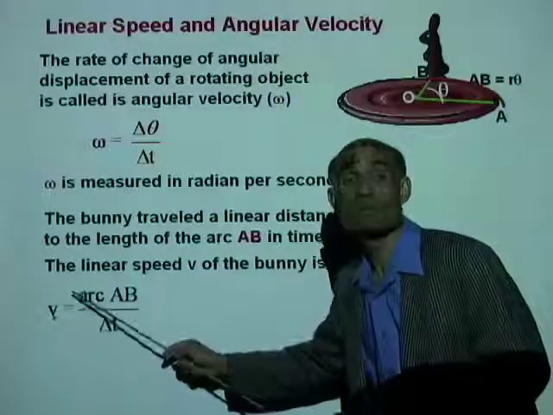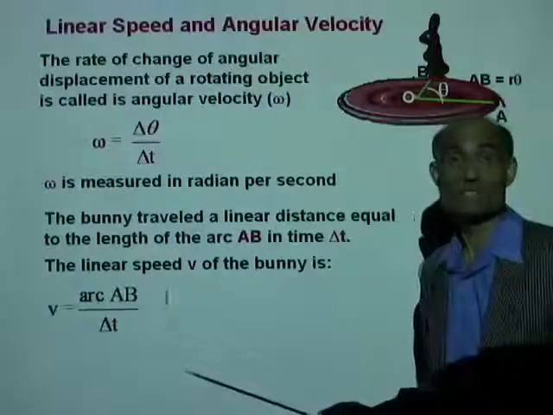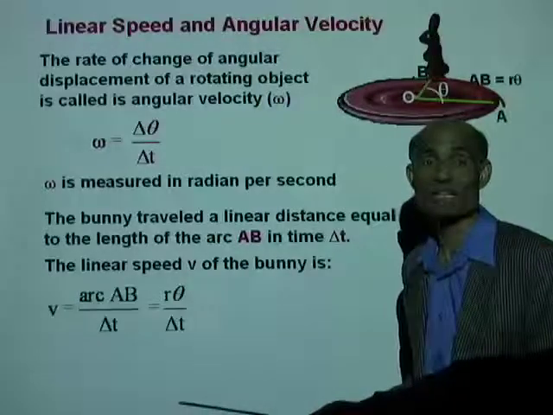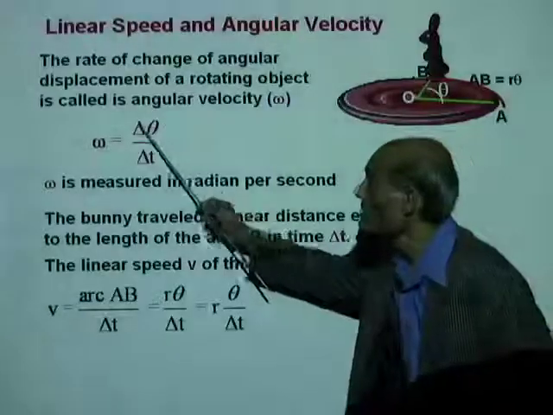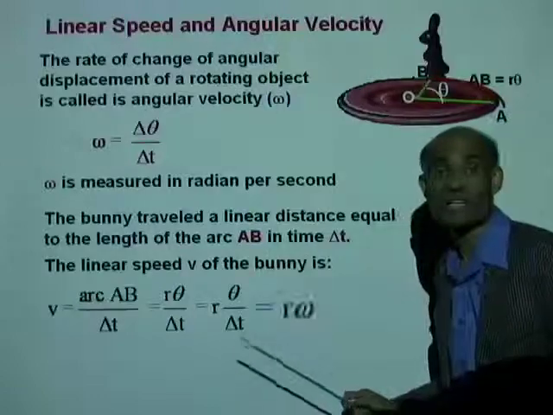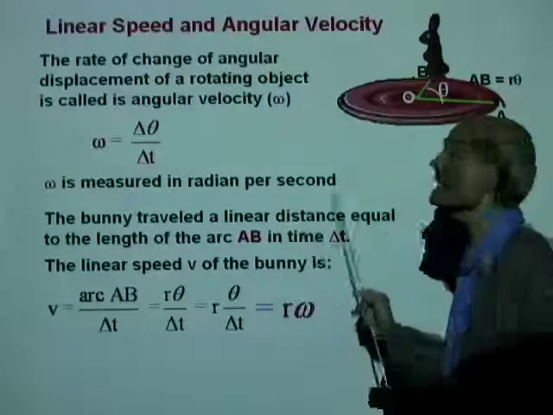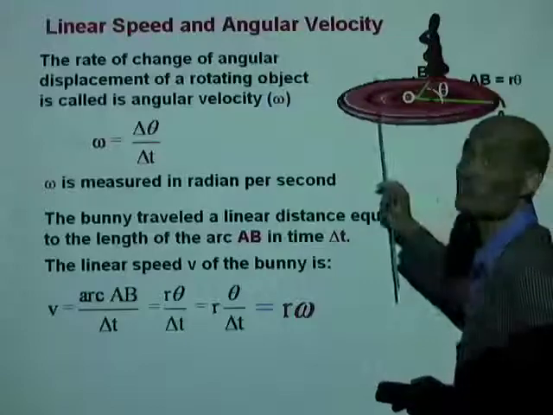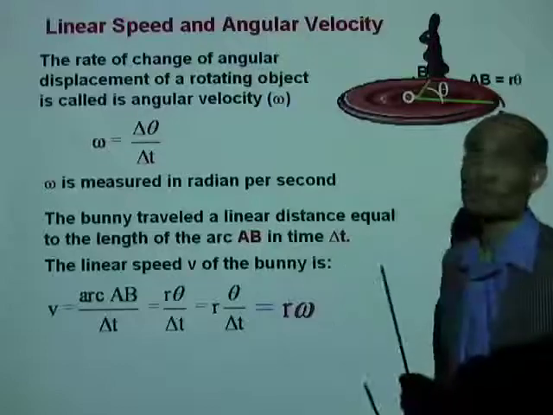The linear speed v is the length of the arc AB divided by delta t. And that will be r theta divided by delta t, which is r times delta theta over delta t. But delta theta over delta t is omega. So v equals r omega. The linear speed of the bunny as it goes around the disk equals the radius times the angular velocity.